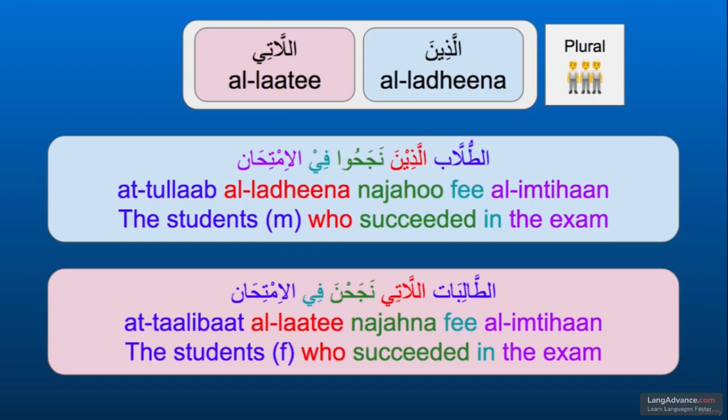And we have the same example for female. So الطالبات اللاتي نجحن في الامتحان. الطالبات اللاتي نجحن في الامتحان, the female students who succeeded in the exam.